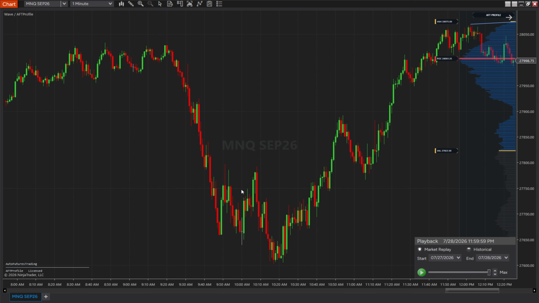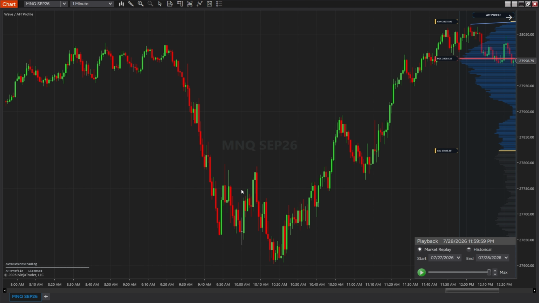Wave gives you two different ways to control these exits, which are the percentage mode, which bases the stop and target on a selected percentage of the entry price, creating distances that scale with the value of the instrument, while ATR mode uses current volatility to determine how much room the position should receive.